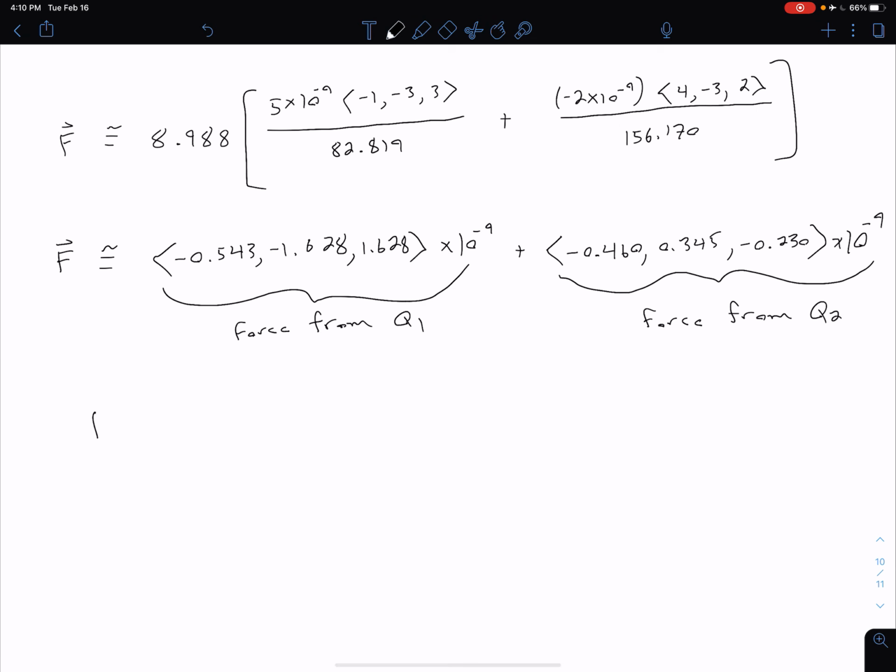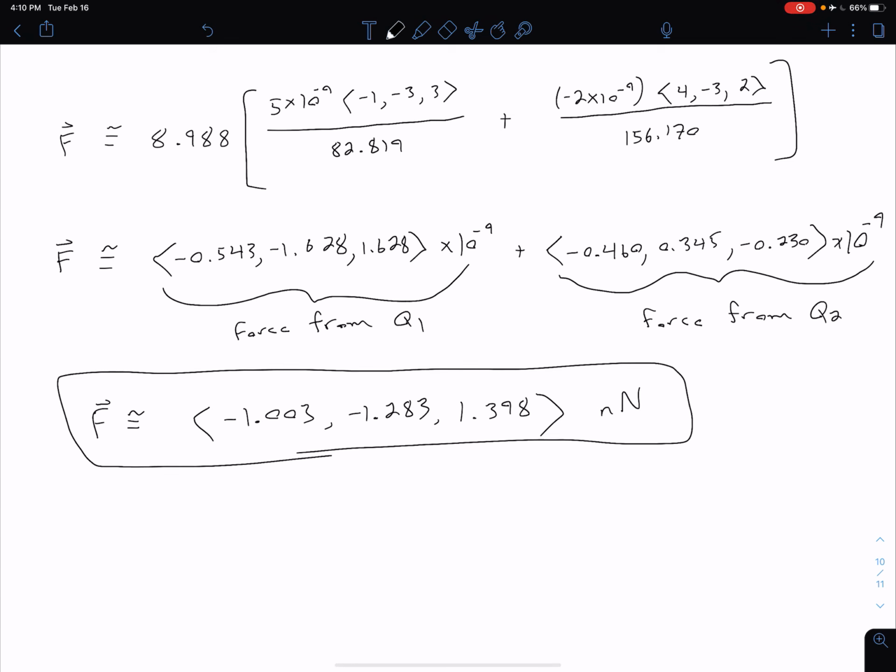But of course in this problem, ultimately we're asked just for the force on Q3, so we can just add these two together to get approximately negative 1.003, negative 1.283, and 1.398. And instead of writing in the 10 to the minus 9, I can just write that this is nanonewtons. So that would be our force experienced by Q3.